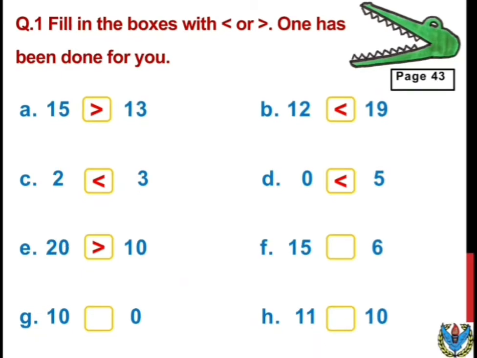Okay, look at part F. We have two numbers 15 and 6. Now 15 belongs to 10's column and 6 belongs to 1's column. The number that belongs to 10's column will be the bigger number as compared to the number that belongs to 1's column. So here 15 is greater than 6.